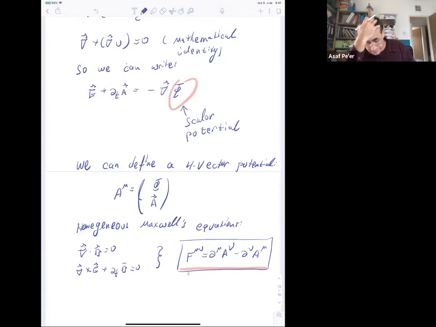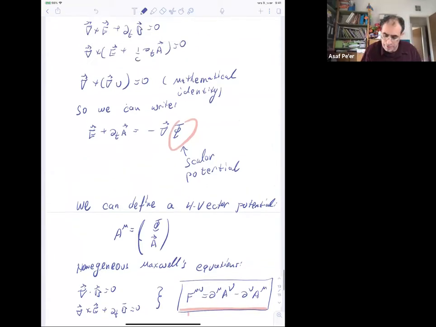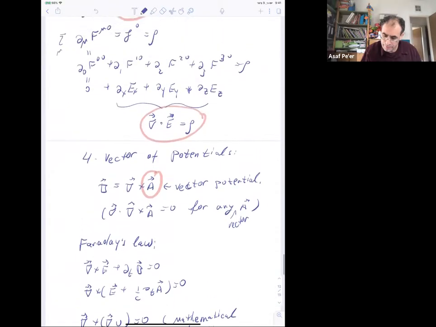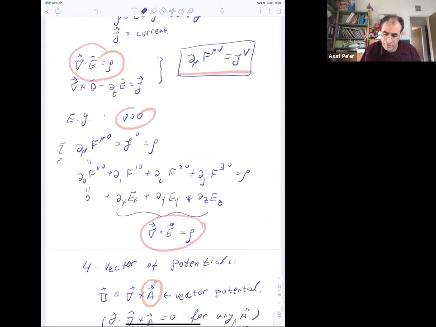Now, in fact, I can also use this 4-vector potential to write down the inhomogeneous Maxwell's equations, which I wrote above. ∂_μ F^{μν} is J^ν.